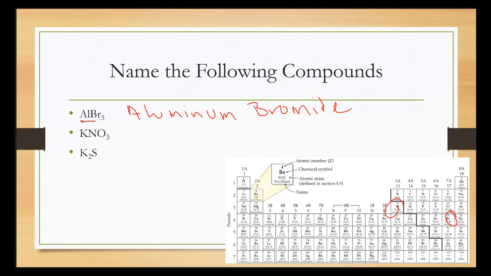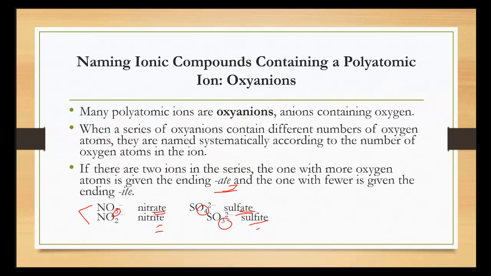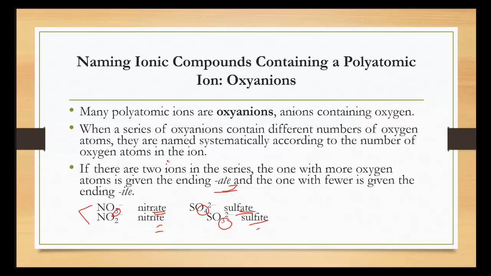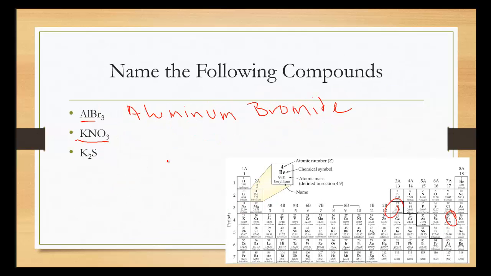Here I have 3 capital letters, so I need to go back to my polyatomic ion list. So I'm looking in here, and those letters were NO3. NO3 is right here, and it's nitrate. So that becomes, K is for potassium, and NO3 is nitrate.